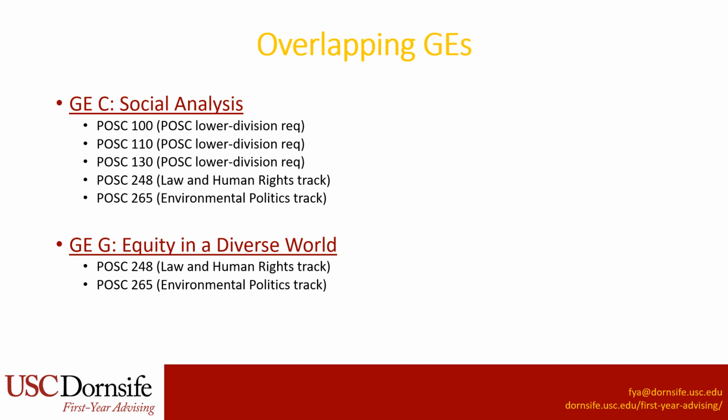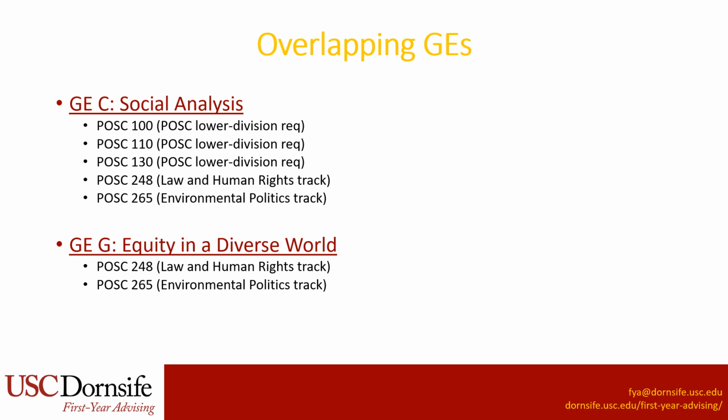And there are also some 200 level classes. Depending on what track you pursue, these classes could also potentially count for both your GEC requirements as well as your poli-sci major requirements.